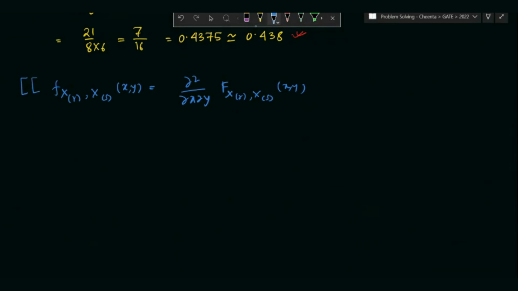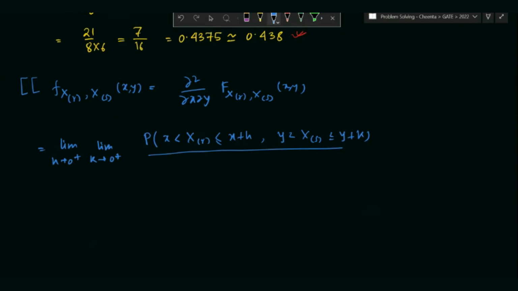So by this we take the limits, and get the joint probability, that is X(r) lies between x and x plus h, and X(s) lies between y and y plus k, divided by the area h times k.